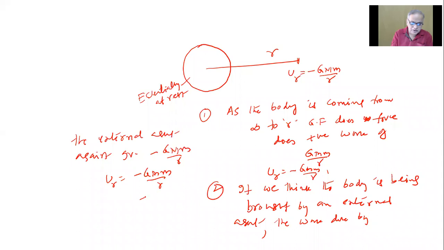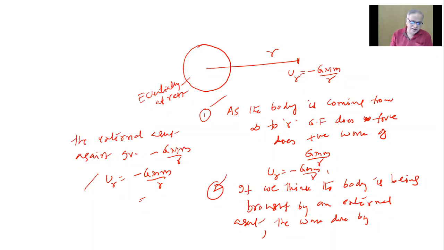What I was trying to tell you was, if it is put in terms of the work done by the external agent from infinity to this point, it is just same as the work done by the external agent. But if it is put in terms of the work done by the gravitational force, it is negative of that. So that's coming out very clearly from here. Okay.